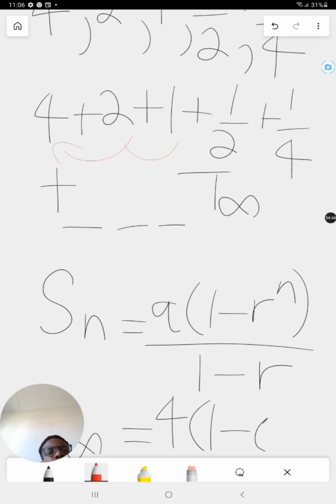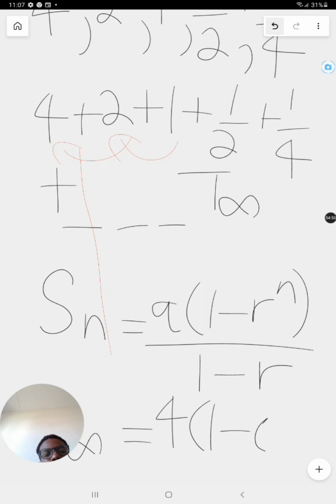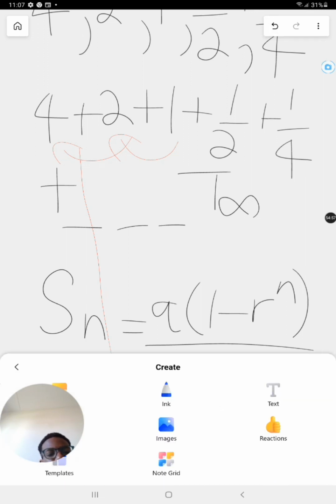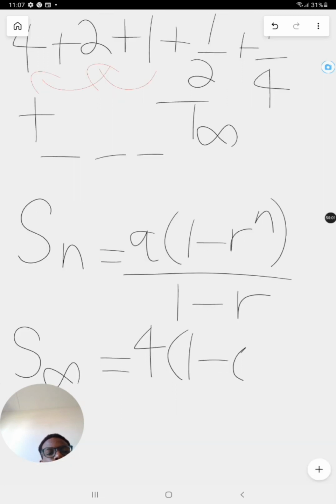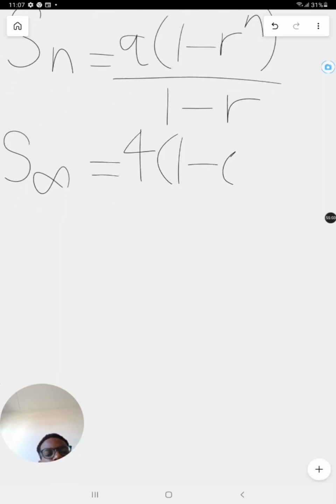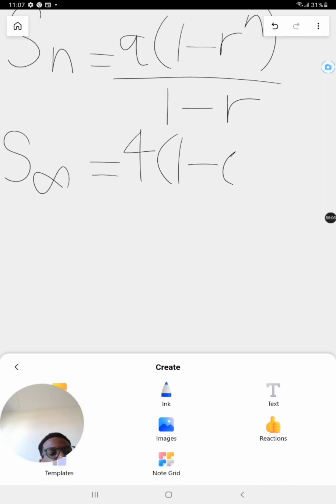Or term 3 divided by term 2 is 1 over 2. Let me just remove this line that I drew in. Okay, so 1 over 2 is our r.